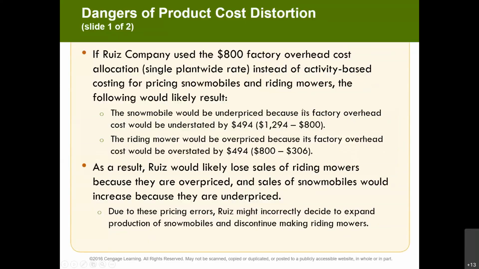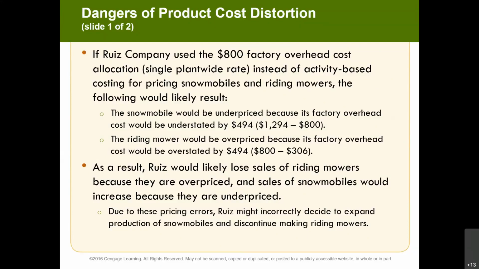Okay, so as you would expect, there are some dangers to product cost distortion. Distortion, as you know, is the difference between these concepts, between these allocation methods. So if we use single activity-based costing, there would be a significant difference.